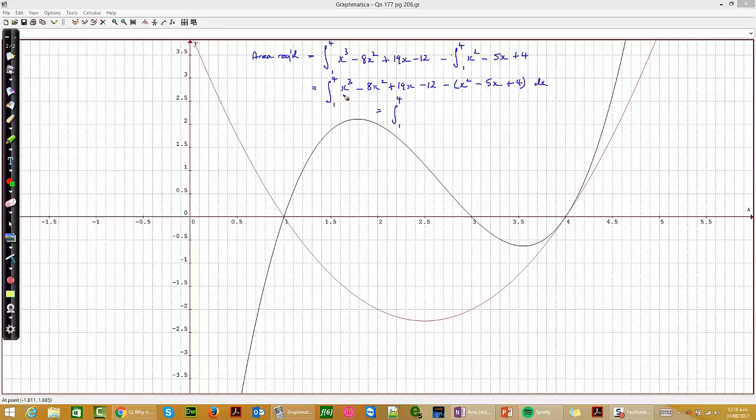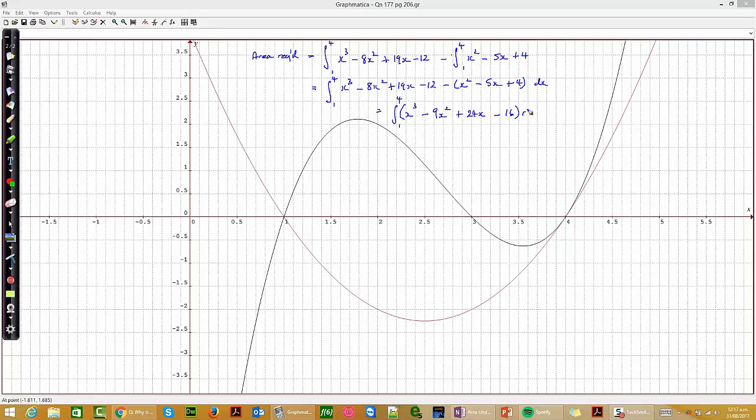Okay, so we've got x cubed, there's no other x cubed term, minus 8x squared, and that'll be minus x squared, so minus 9x squared, 19x, and it's going to become plus 5x, so it'll become plus 24x, minus 12 minus 4 will be minus 16.